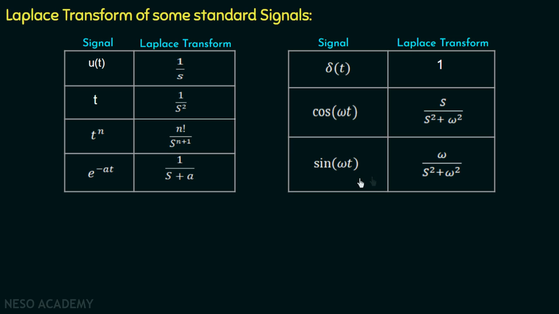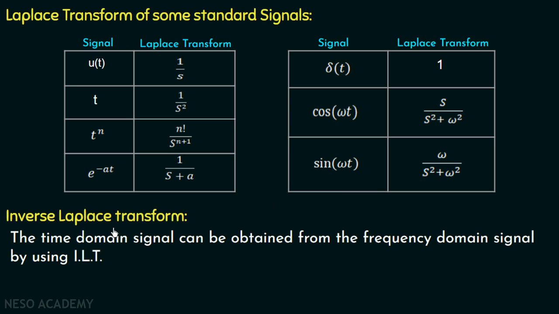And now we will move on to the inverse Laplace transform. As the name suggests, inverse Laplace transform is the inverse of Laplace transform. From the Laplace transform, we can get the frequency description of a time domain function. Similarly, the time domain signal can be obtained from the frequency domain signal by using the inverse Laplace transform.